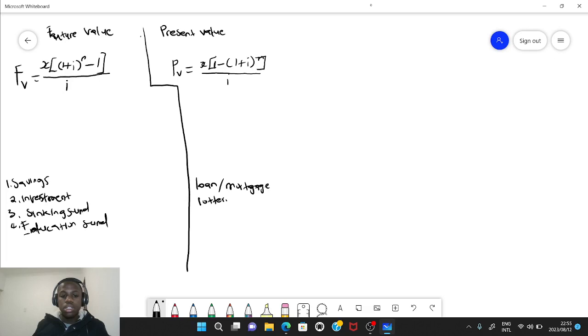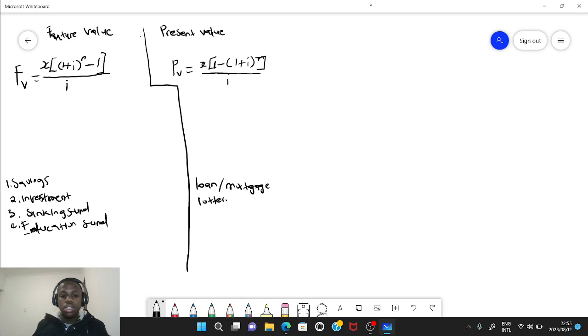And then we have x. In this case x is a monthly deposit. It can be a monthly deposit into an account, right?